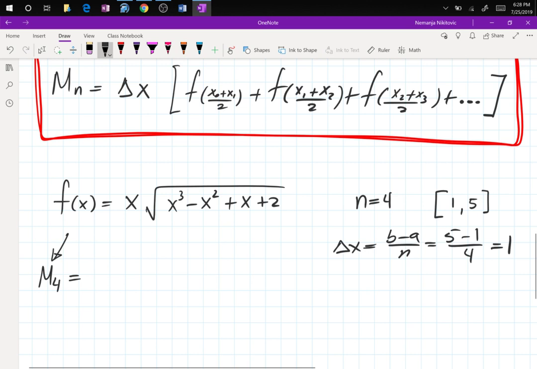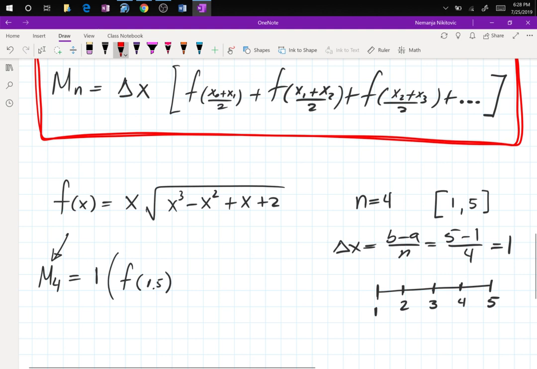What do I have? I have delta x, which is 1, times function computed at, no, I lied, 1.5, right? Because when you take a look at your partition, it starts at 1, and then 2, and then 3, and then 4, and ends at 5.